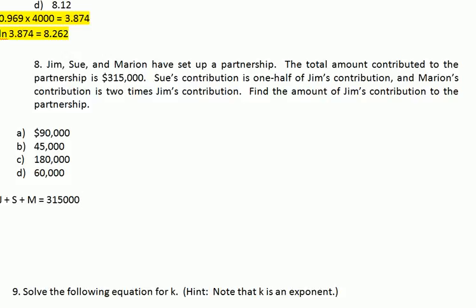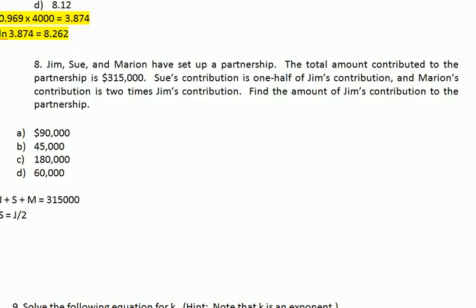Now we also know some other relationships. We know that Sue's contribution is 1/2 of Jim's. So I can write the contribution from Sue equals J divided by 2. So let's say Sue gave $10 and Jim gave 20, that would be the same thing, isn't it? 10 equals 20 over 2.